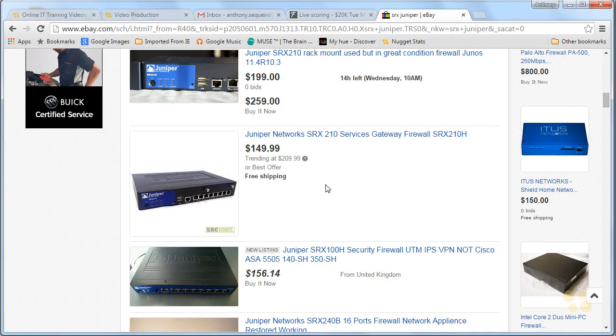So we can build a practice lab, and I grabbed 4 of these, but by no means do you need that many. In fact, if it was your goal to initially just practice the Junos operating system, you would get 1 of them. That's right, get 1 of them to start. You have amazing flexibility with these devices, remember.